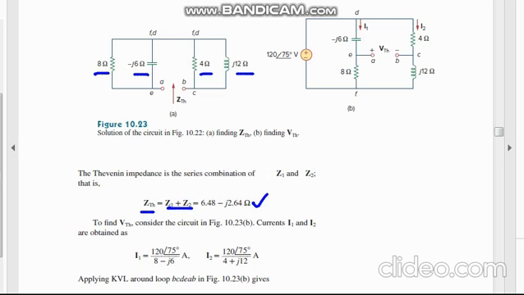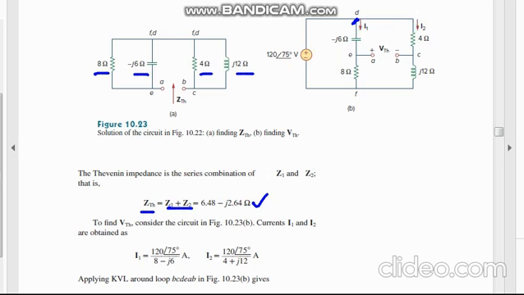In case of finding the V Thevenin, first of all, see the applied voltage, 120 volt at 75 degrees, and two currents will be branched into other parts, in this part and also in this part.